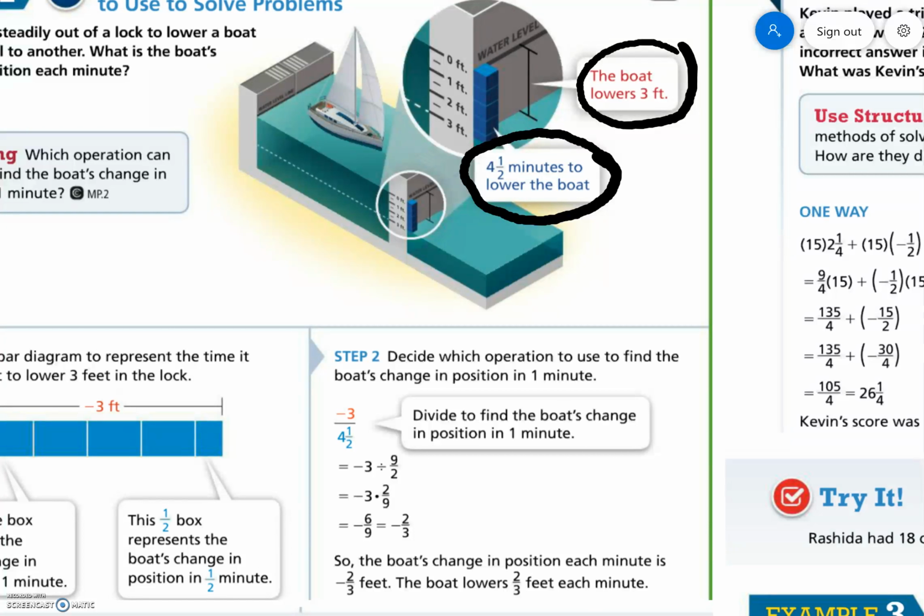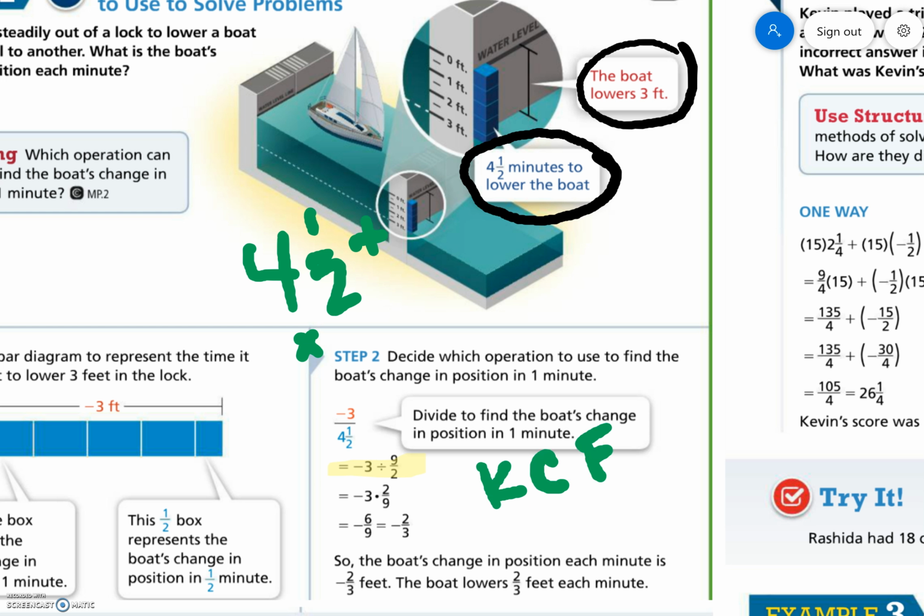So we're going to take our -3 feet and divide it by 4.5. So they wrote it horizontally, and they changed 4.5 by turning it into a fraction. Remember, we take 4 and 1/2, multiply and add, so that's 9/2. Then when we divide, remember, keep, change, flip, or as you guys like to say, stay, change, flip.